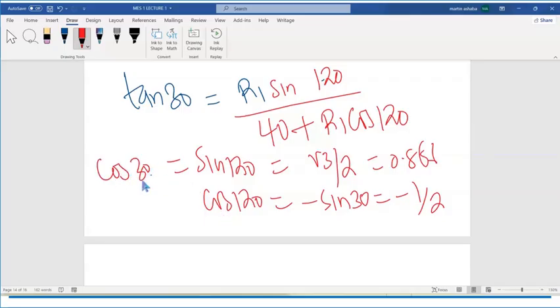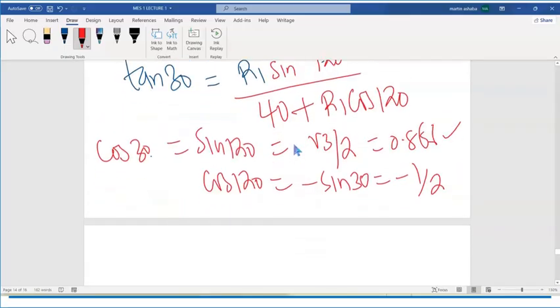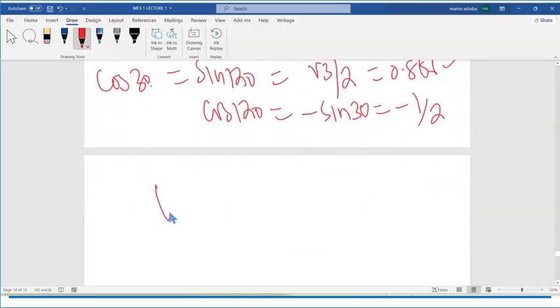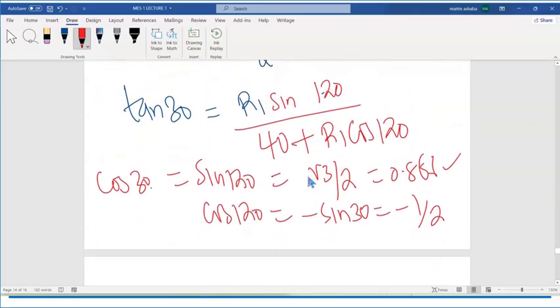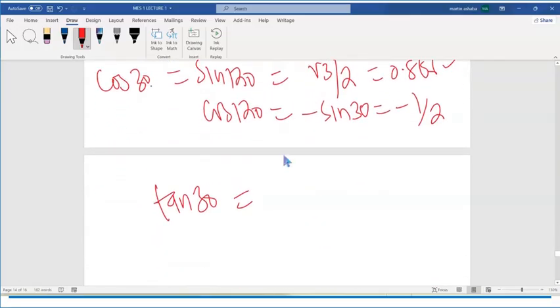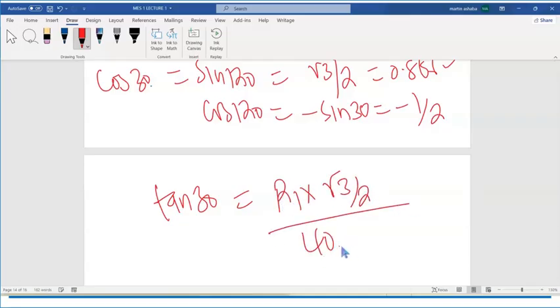So you can plug in those values. You'll have tan 30, which is equal to R1 we don't know, R1 times root 3 out of 2 divided by 40 plus negative a half times R1.